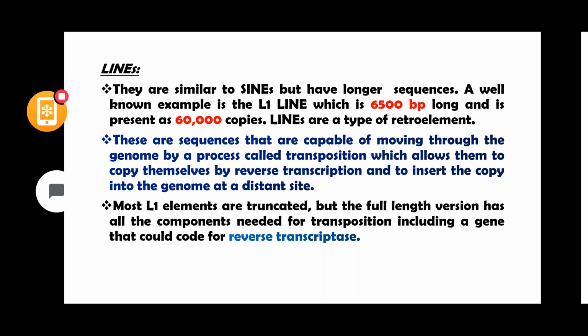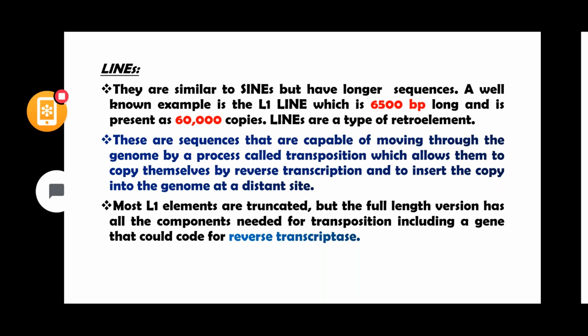LINEs are a type of retroelement, as they can synthesize two enzymes. One is reverse transcriptase, and then after reverse transcription, it synthesizes transposase enzyme, which helps to incorporate the sequences into another location of the genome.